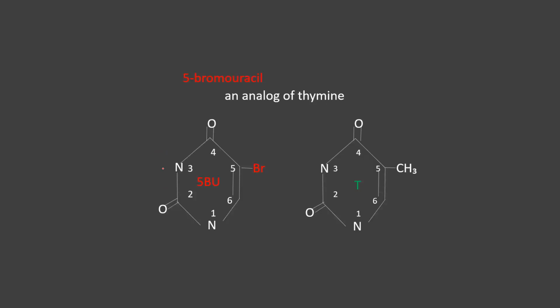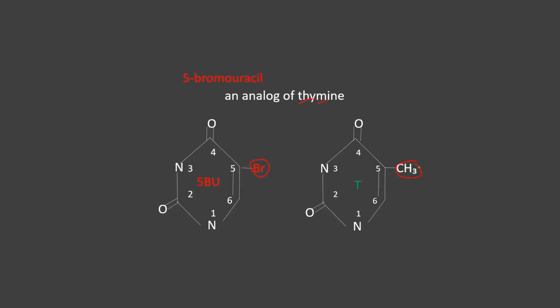So it gives here the example of 5-bromouracil, right? And 5-bromouracil is very similar to thymine in structure. If you look at the molecule itself here, you can see it is extremely similar to thymine. The major issue, of course, is this bromine group right here versus the methyl group right here.